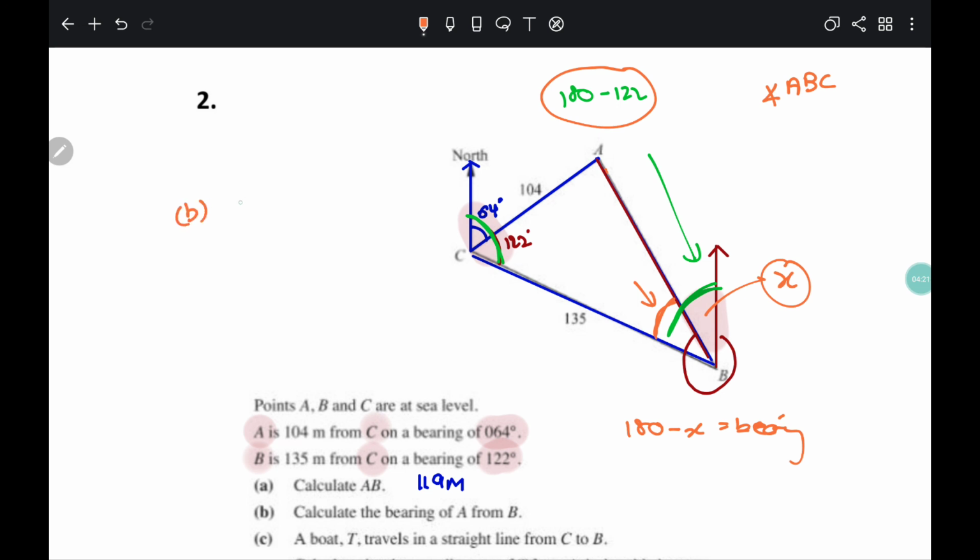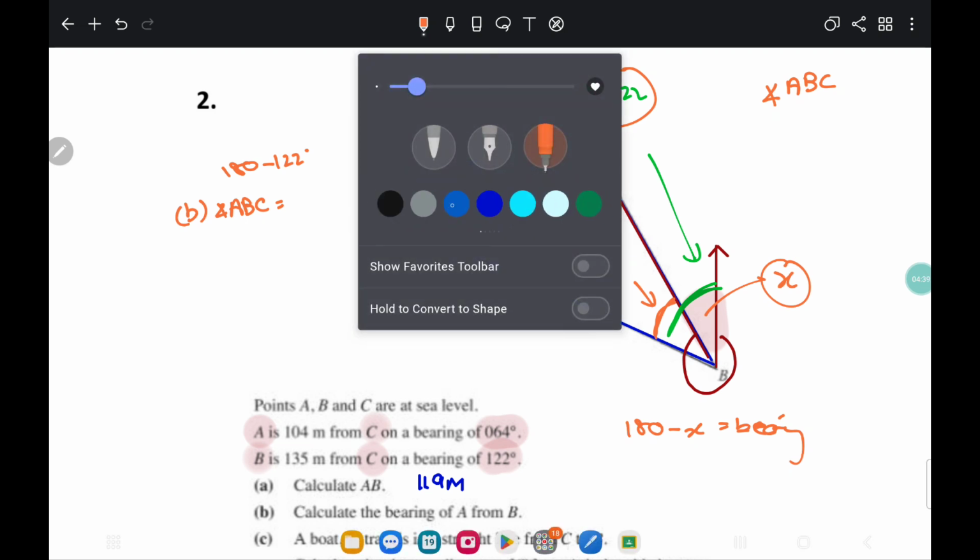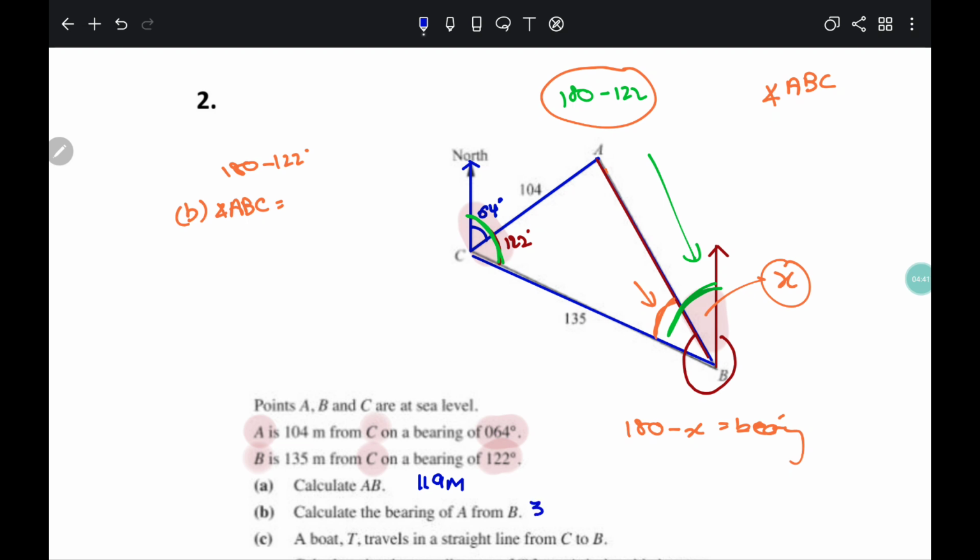So part B, your mission is to find angle ABC after finding 180 minus 122. The answer for part B will be 349.8 degrees. Pause the video, attempt B on your own.